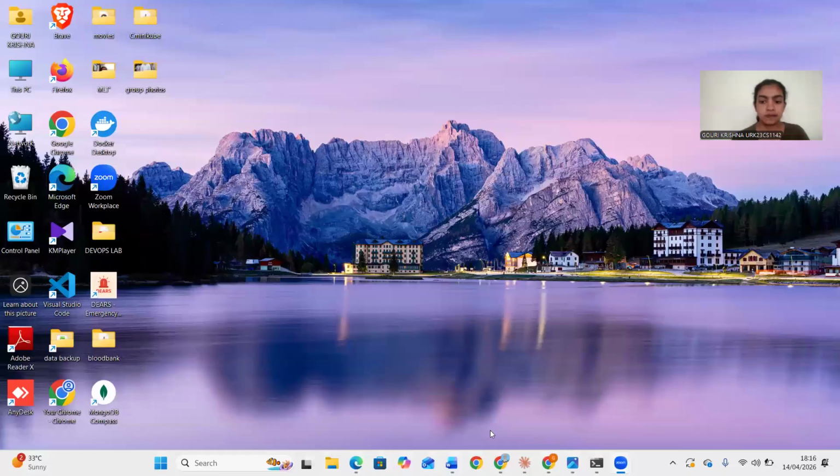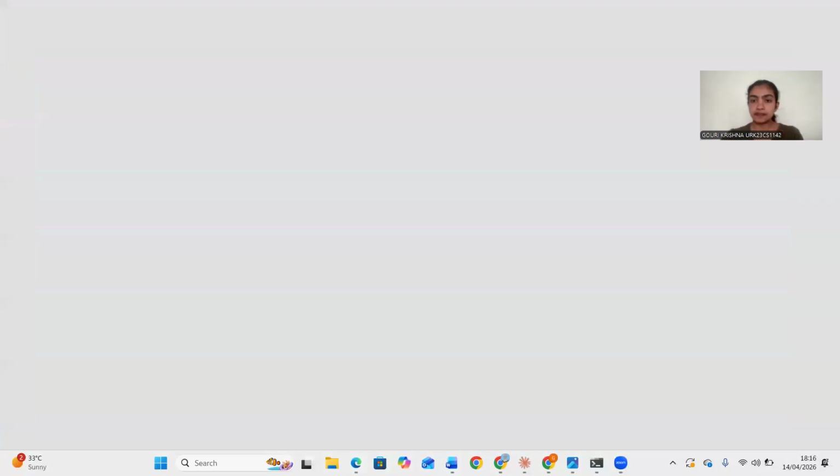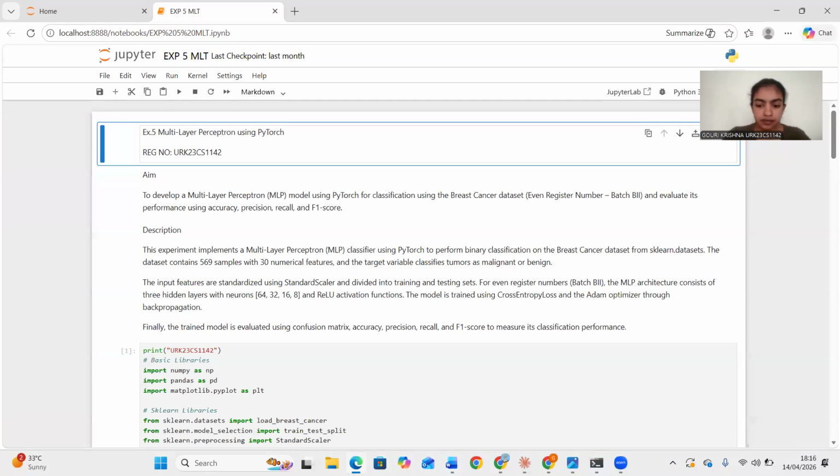So today we will see the fifth experiment in NLT, which is multi-layer perceptron using PyTorch.